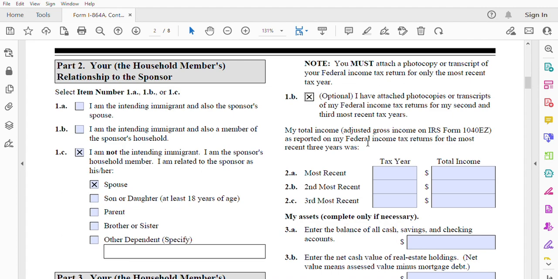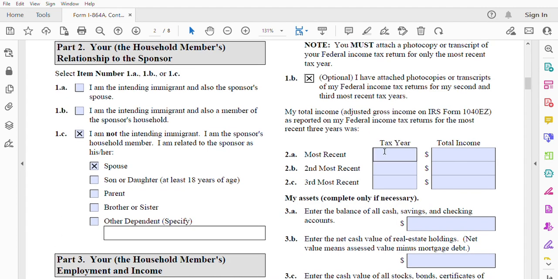Yeah, it's optional, but yes, it's good. Now we're gonna go to your federal tax income. 2022 is 50,000. 2021 is 45,000, and 2020 is 40,000.